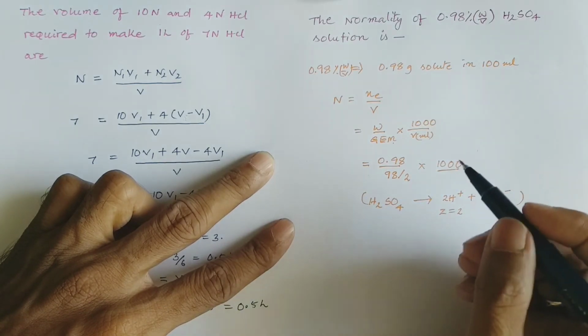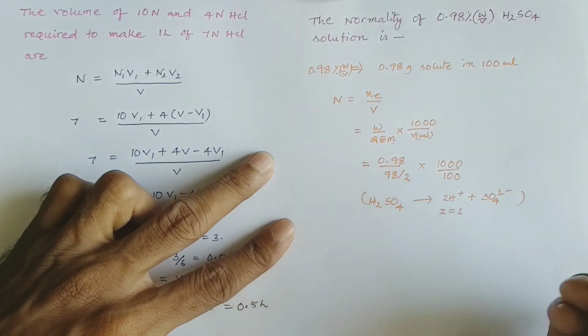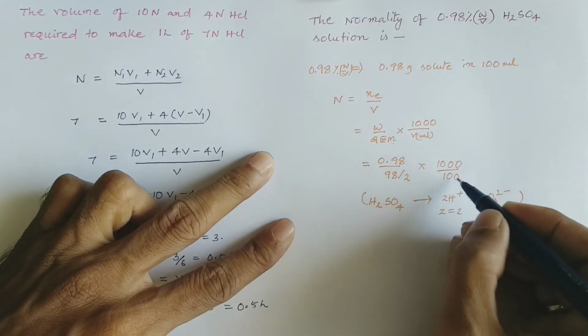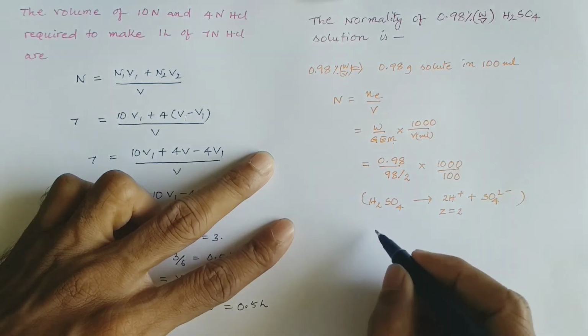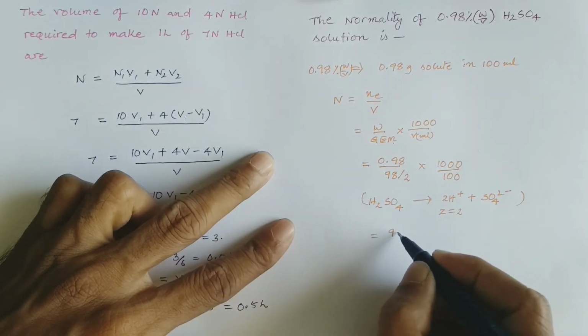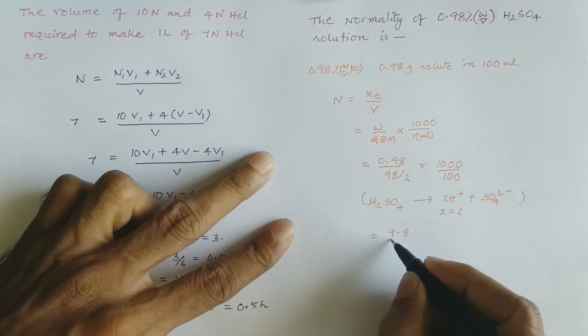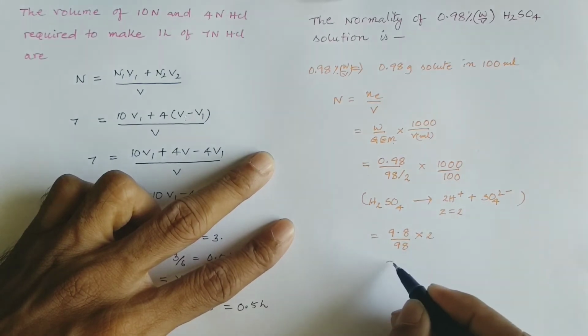Volume is what? Volume is 100 milliliters. Okay. Now simplify this. Cancel 100 here, so 10 will be remaining, so that is equal to 9.8 divided by 98 into 2, right?